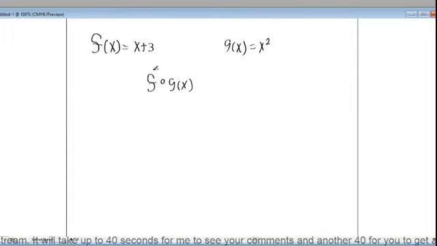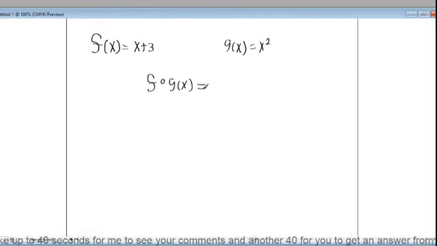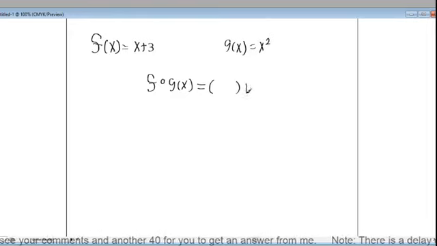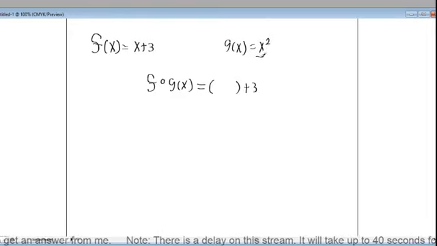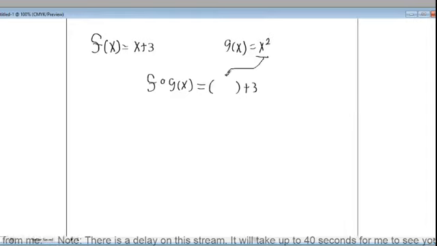What this means is that we're going to have f of x, so x plus 3, but we're going to open up that x to plug something in there. So we have f of x right here, but we're going to compose it of g. And what that means is that we're going to take g of x and plug it in for the x in our f.